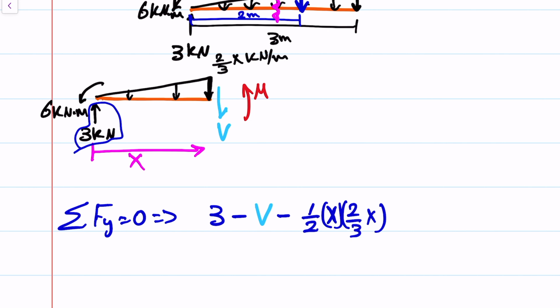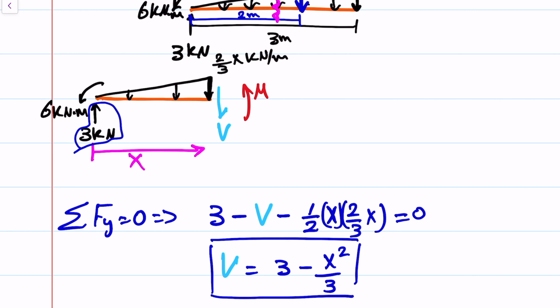Okay, this should be equal to 0. Then that means the V is equal to 3 minus x squared over 3. Okay, so this will be the equation for the shear, 3 minus x squared over 3.